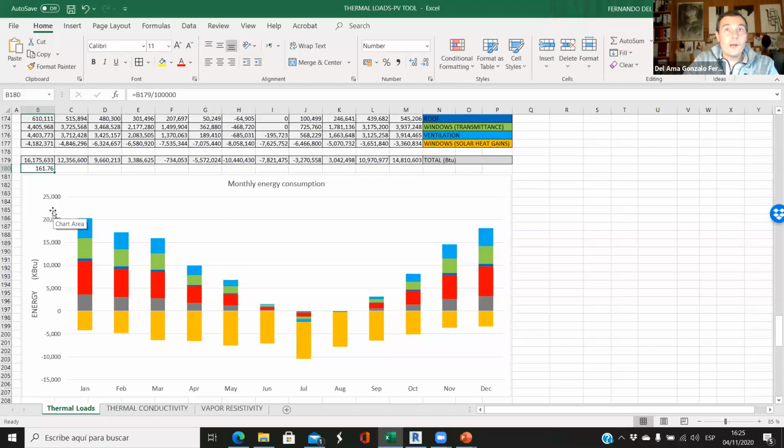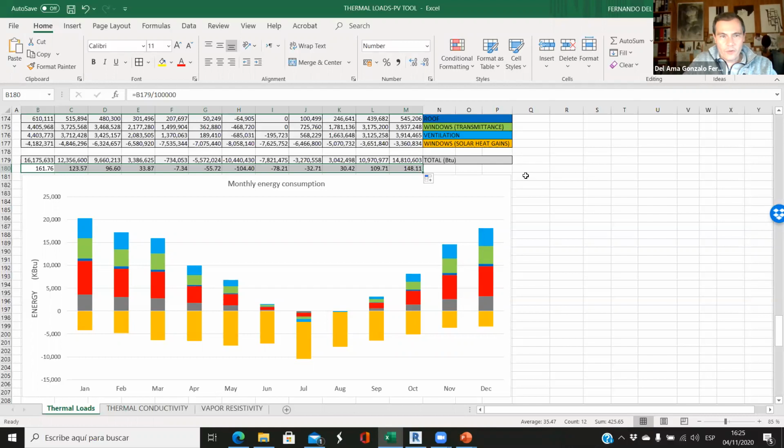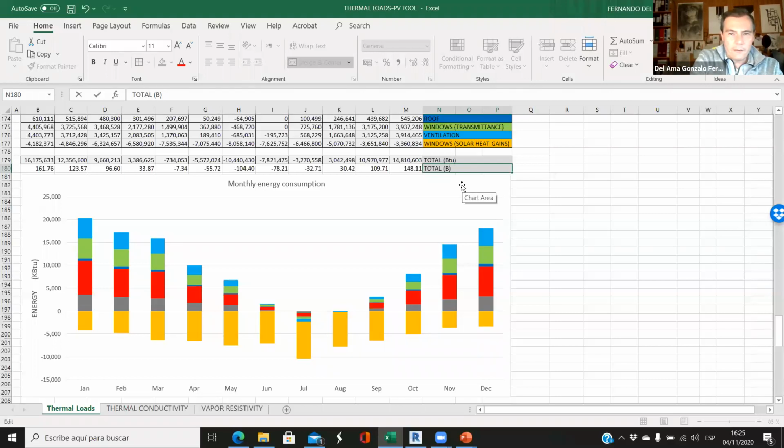It doesn't sound scary, 161. But if you receive an energy bill of 16 million, wow, that's terrible. 161, it's fine. This is how human minds work. Anyway, I can include this, and this is the total consumption in therms.